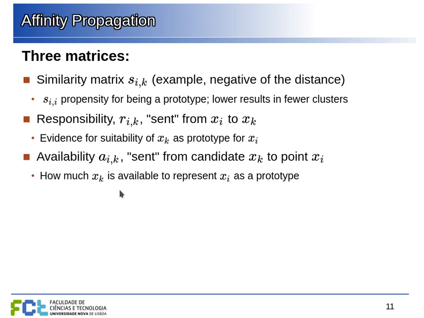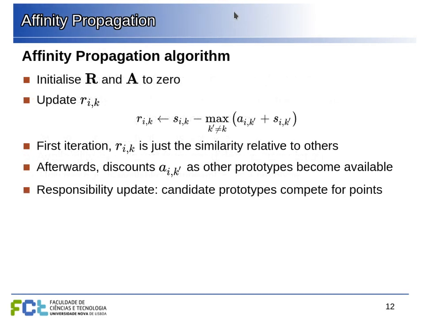So the way of intuitively understanding the affinity propagation algorithm is to think of the points sending messages between themselves, both indicating if they want some other point to represent them, and the representative saying if it considers itself available to represent the other points. So the way the algorithm works is we start with these two matrices R and A at 0.